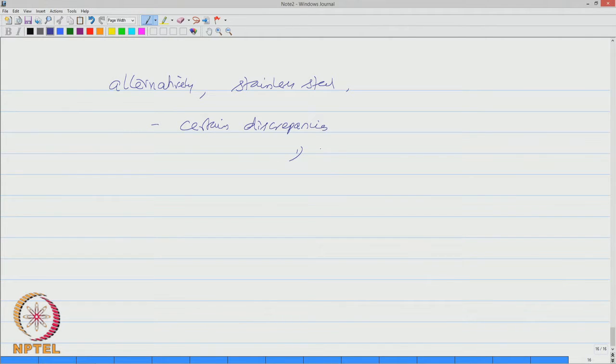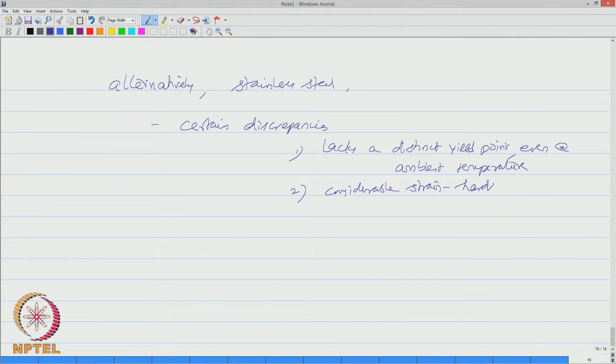One, it lacks a distinct yield point, even at room temperature. Two, it has of course considerable strain hardening characteristics which need to be accounted for in the material characteristics, in the material strength.